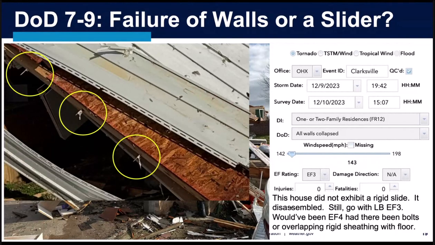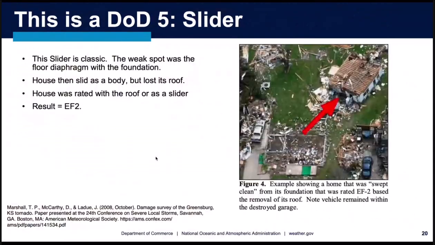In other words, the floor didn't go along with the rest of the house. The house disassembled piece by piece, and then the debris is left on the foundation and the floor diaphragm. If this had bolts and overlapping rigid sheathing, or at least even a few more nails for every stud here, it would have been an EF4.